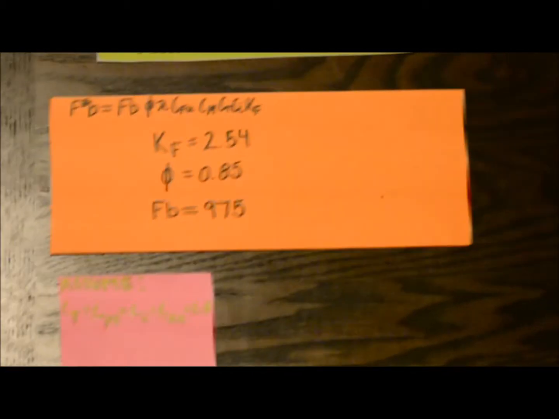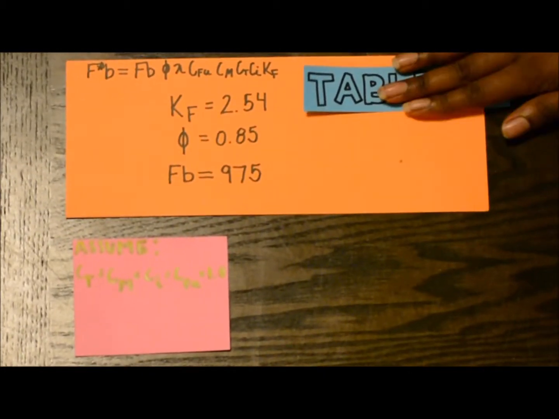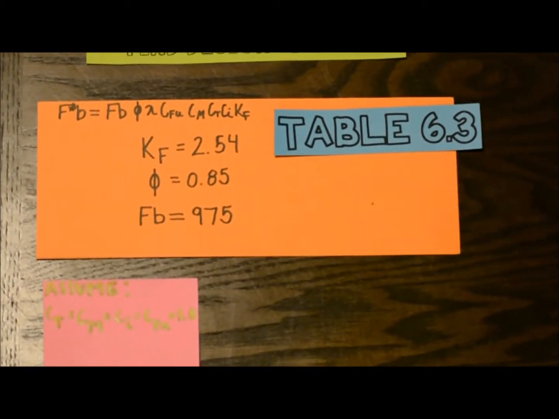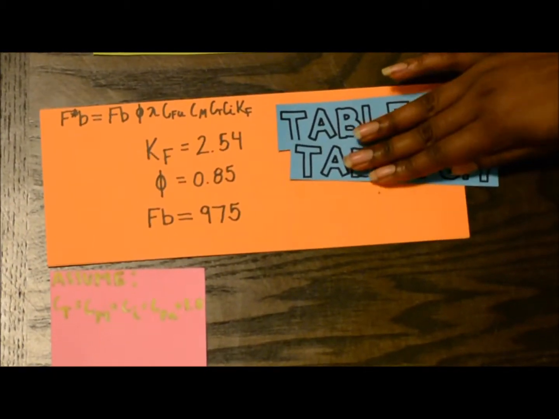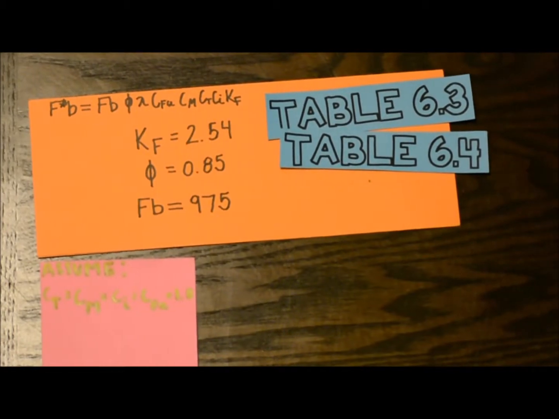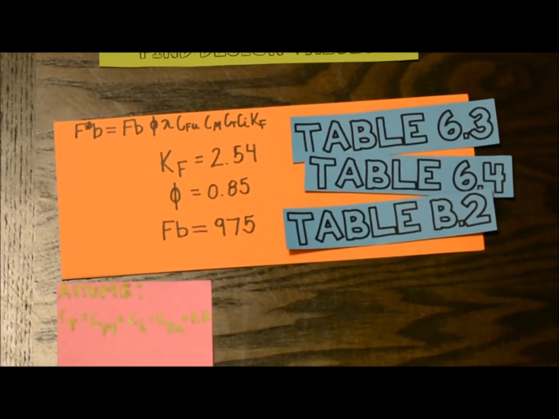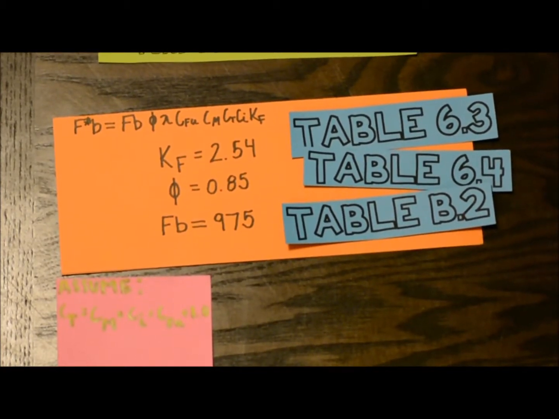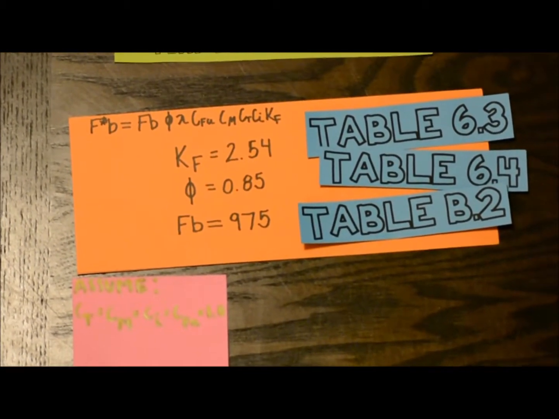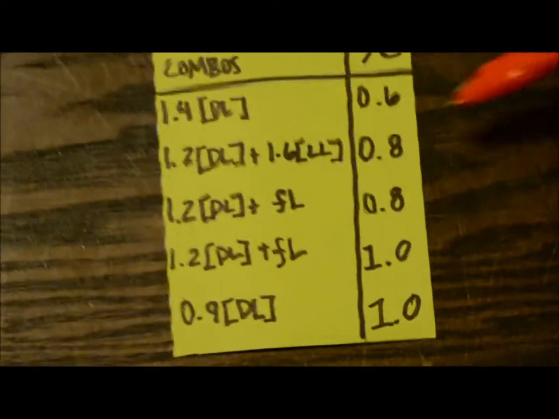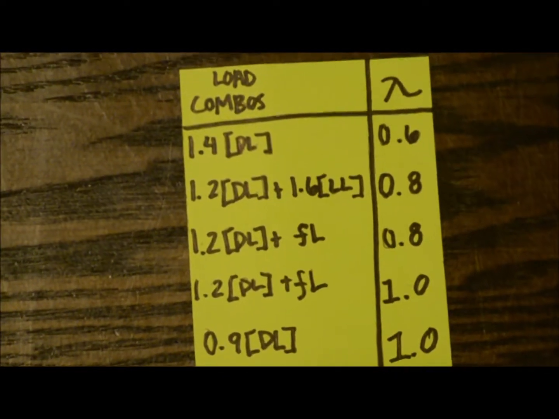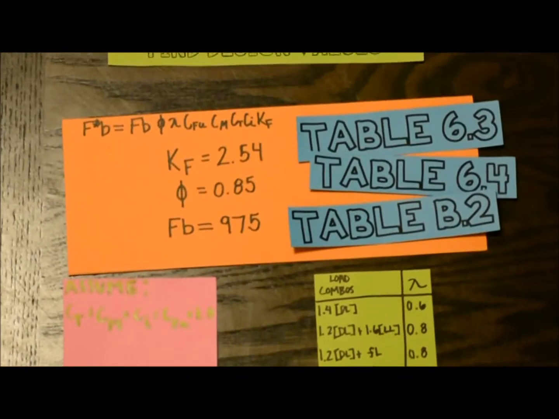And this was found on table 6.3 in your textbook. Our phi was found in table 6.4, and our value for Fb, which is our bending stress, was in table B.2. Now we're also going to use the lambda, our time effect factor that we found earlier of 0.8, and we're going to plug it into the equation.